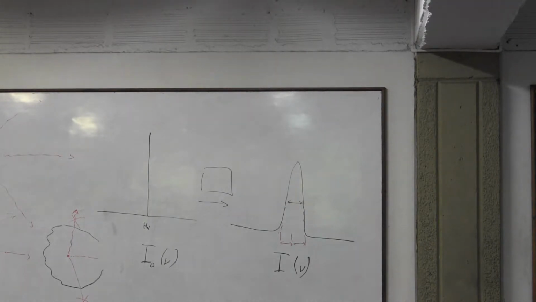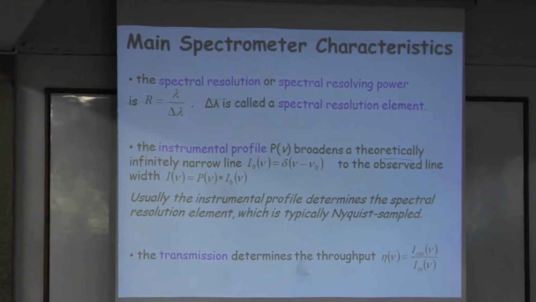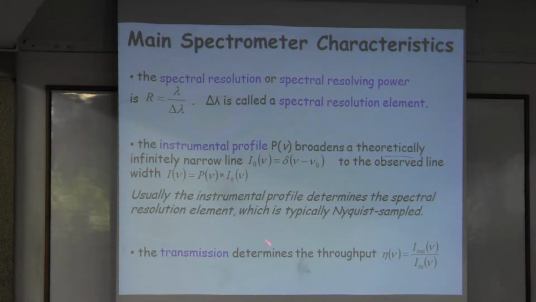And then finally, an important part is the transmission of the spectrograph, which is a very important one, because a complex spectrograph can have transmissions maybe as low as 10%, meaning that you lose 90% of your light due to all kinds of diffractions, scattering, efficiencies, and so on.